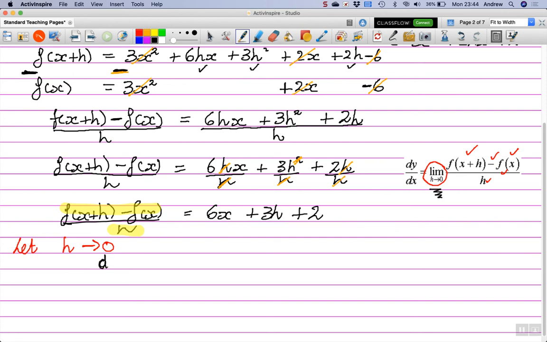So that becomes dy dx. And because we're letting h tend to 0, the plus 3h becomes 0, and then you have plus 2, and the answer is dy dx is equal to 6x plus 2. And we finished.